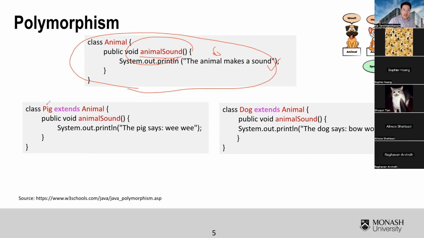But when we create a class that extends the animal, we can modify the behavior of that object and customize it in our own way. So instead of saying the animal makes a sound, for the pig we can say that the pig says oink, okay? And class dog extends the animal, public void animal sound, right? So the dog class that extends the animal can have its own sound as well, bow bow, something like that.